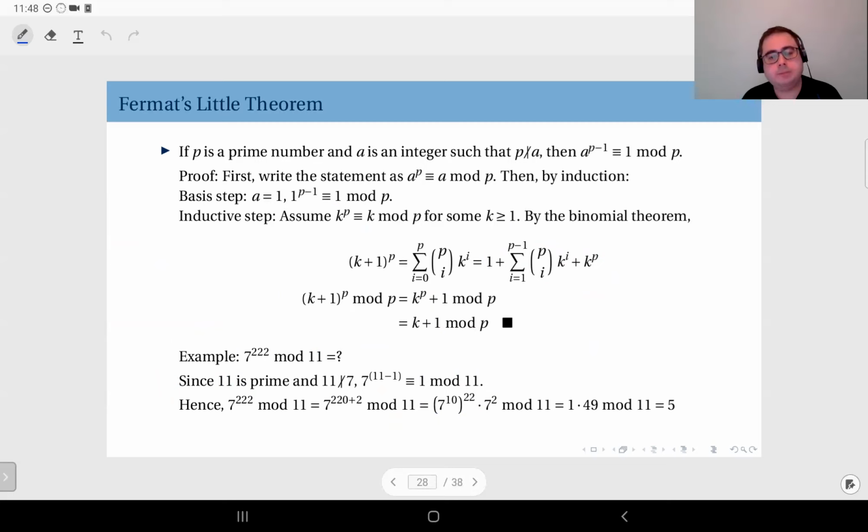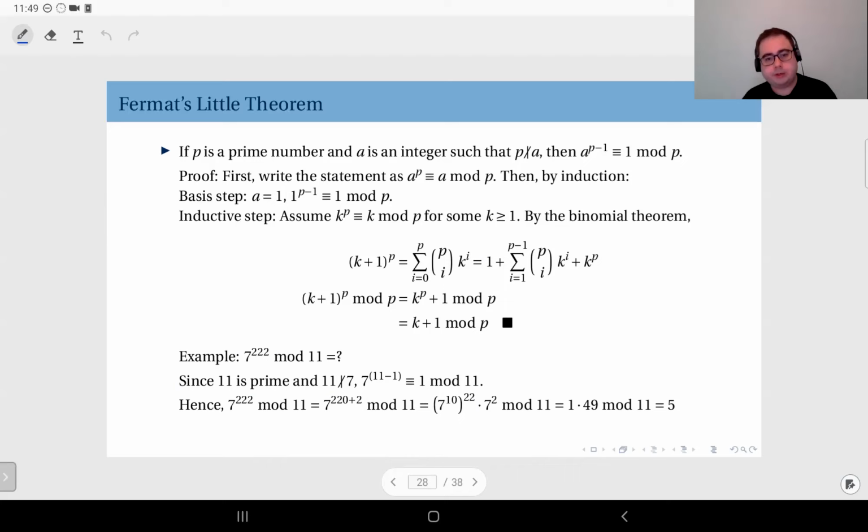And earlier, we attacked such problems by first of all writing the powers of 7 where the exponent is a power of 2, and we tried to find either a pattern, or we partitioned the exponent value 222 into powers of 2, and then multiplied all those values to obtain the result. Here we follow a different direction.